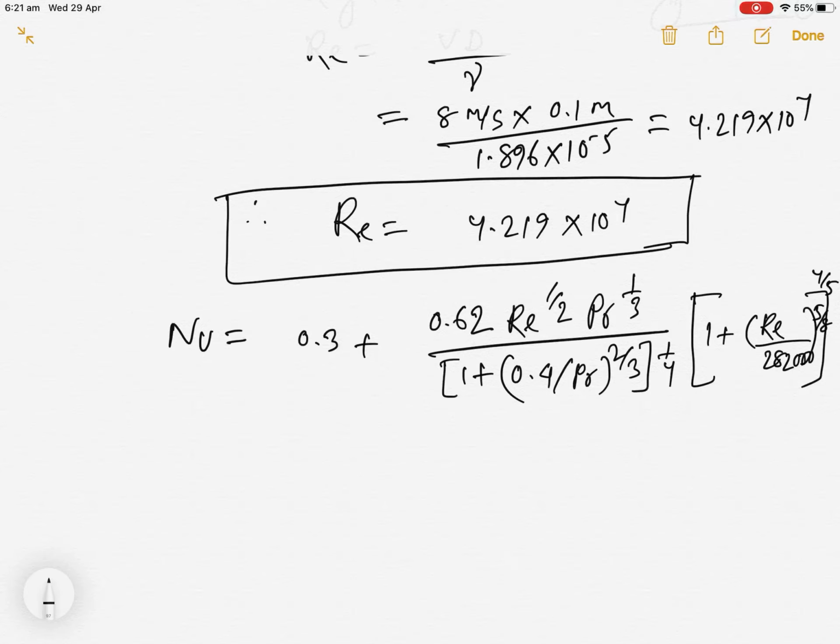That's the complex correlation we got from Churchill, and we are going to use it.